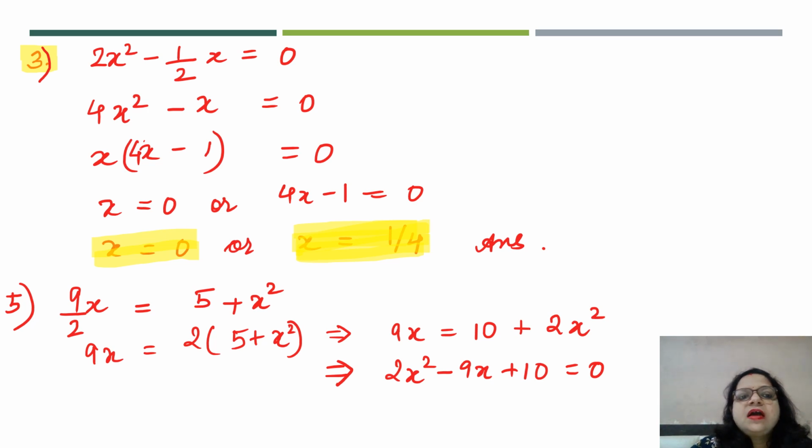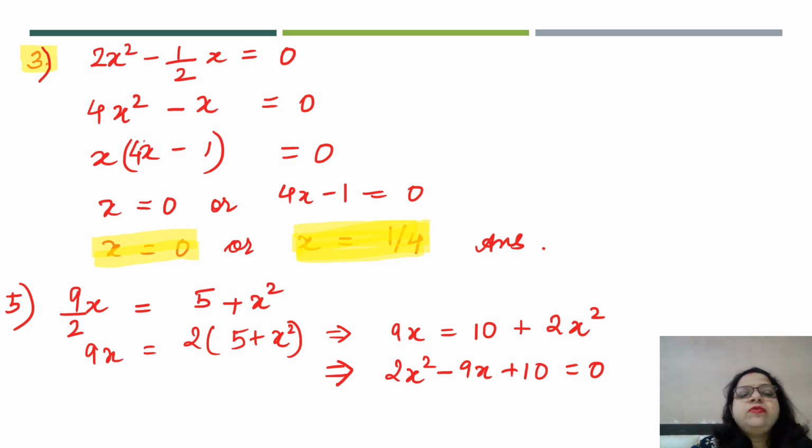2x square minus half x is equal to 0. Then for the 2 in the denominator, we will take the LCM on the left hand side, and we will multiply with 2x square. That will give us 4x square minus x is equal to 0.